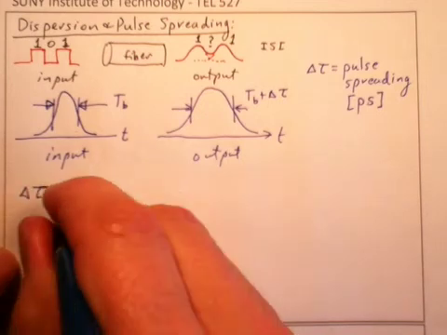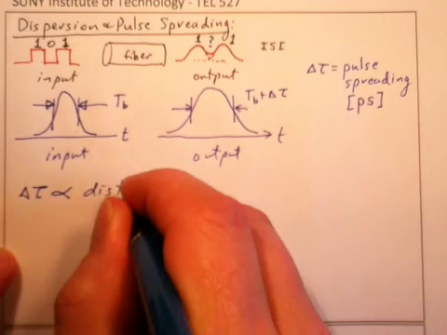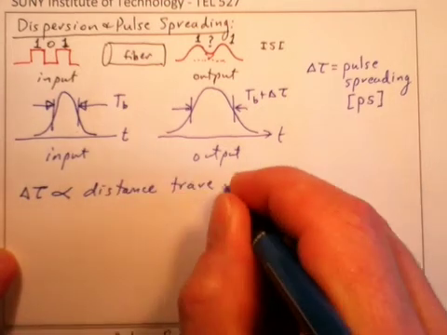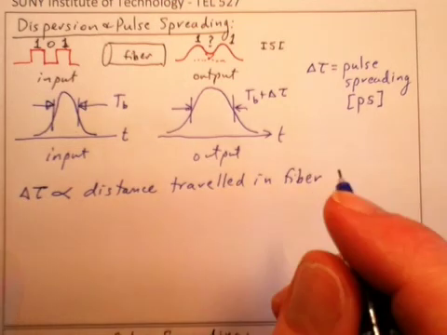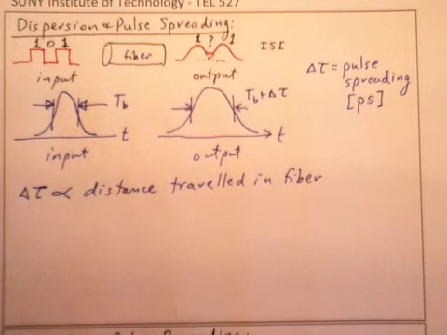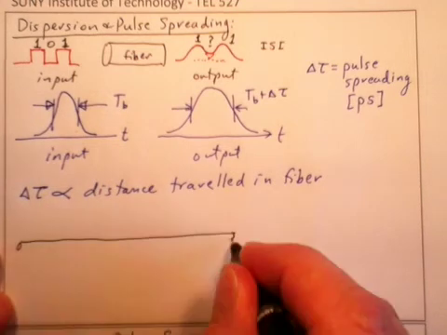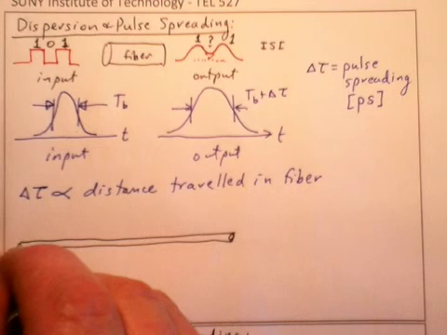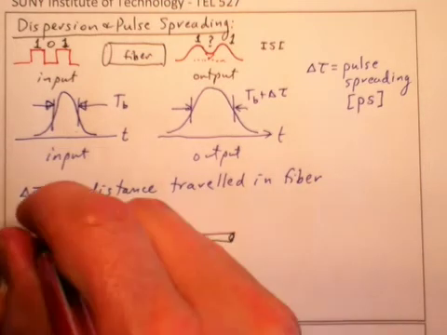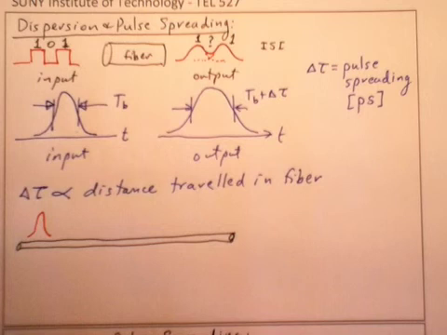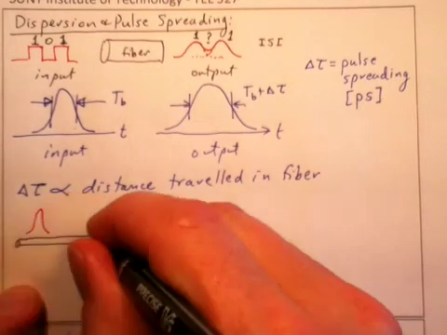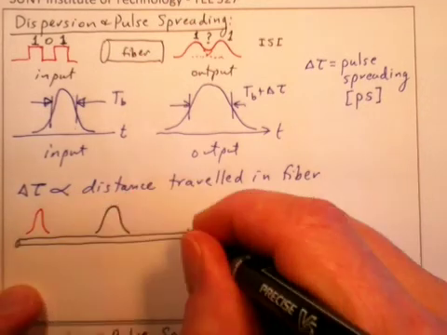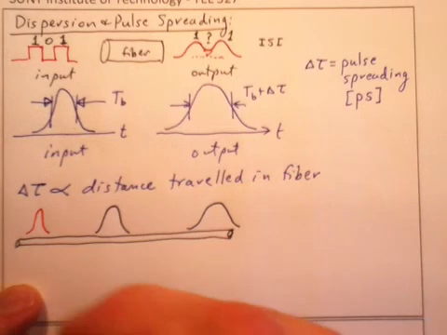You can draw a picture of this, where you have this fiber, and on the input you've got a single pulse, and the idea is that, at least schematically, different spectral components of this pulse are traveling at different rates.